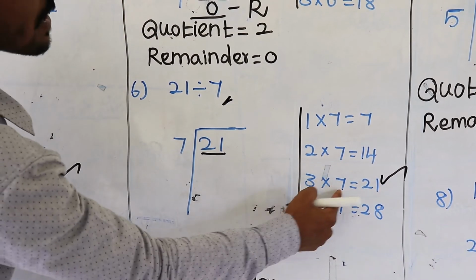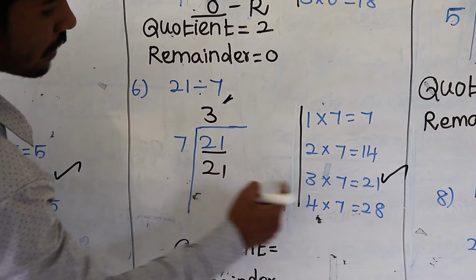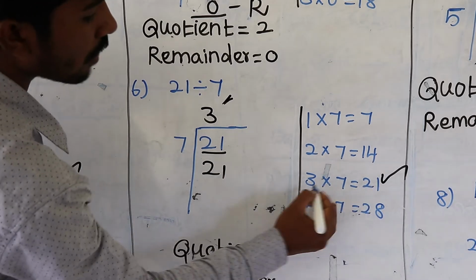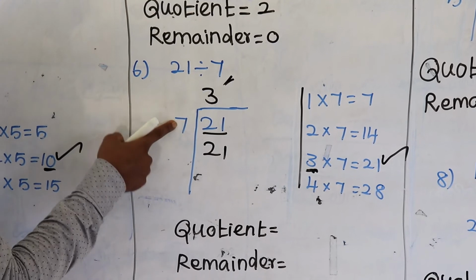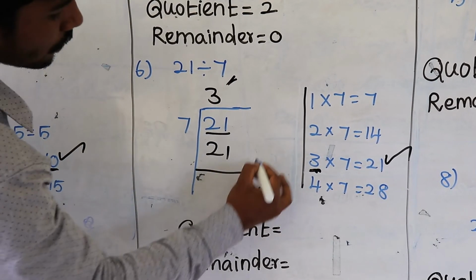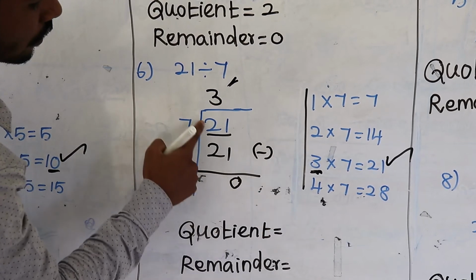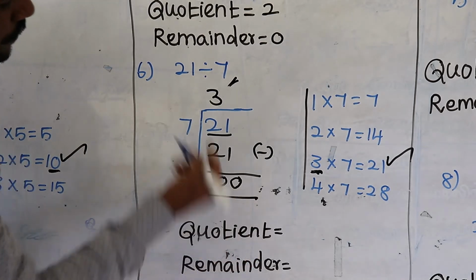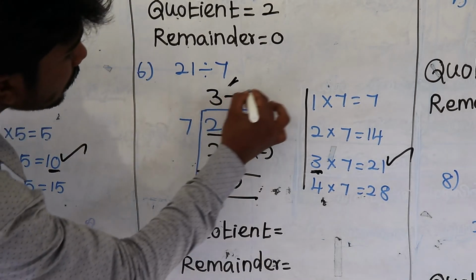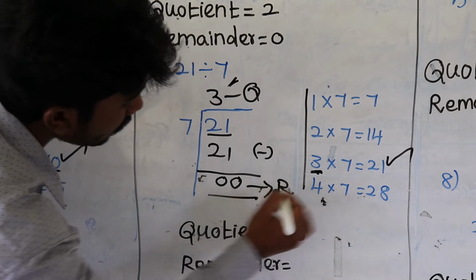How many 7's are 21? 3 7's are 21. This is the quotient value, so write quotient value 3. Now subtraction. 1 minus 1 is equal to 0. 2 minus 2 is equal to 0. So now write the quotient value 3, remainder value 0.